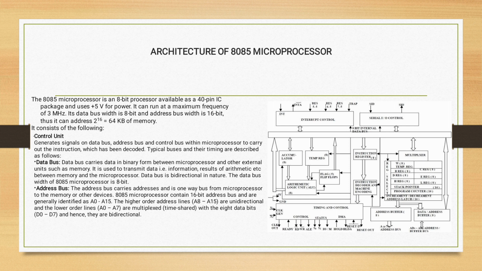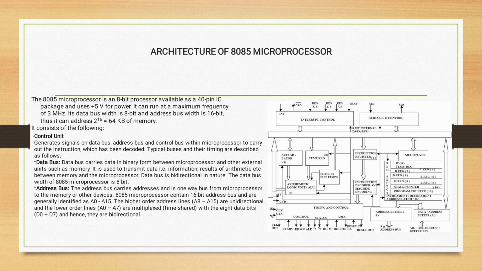If we focus on the right hand section of this figure, we can see one 16-bit stack pointer denoted by SP, then one 16-bit program counter denoted by PC, then the instruction register, and there are also some temporary registers.